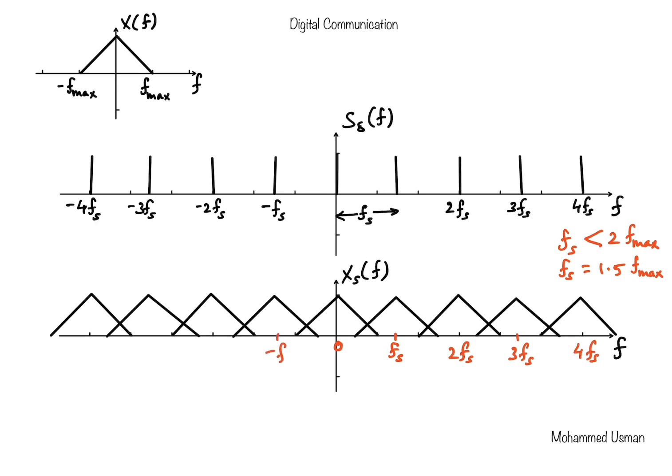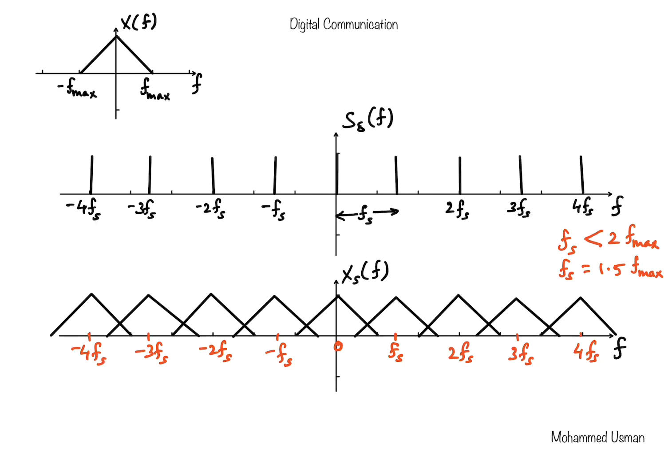So that would be minus fs, minus 2fs, minus 3fs, and minus 4fs. What we see here at the bottom of the screen is the spectrum of the sampled signal, which has been sampled at a rate below the Nyquist rate, precisely at 1.5 f max rather than the minimum value of 2 f max.